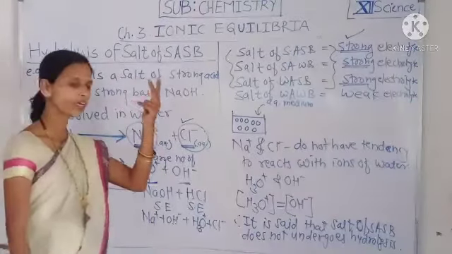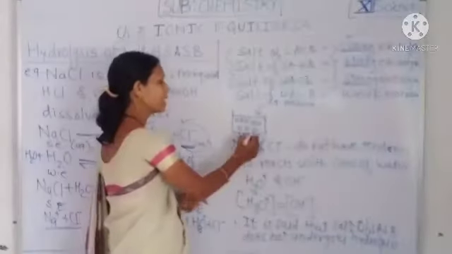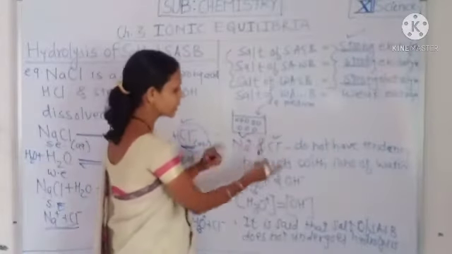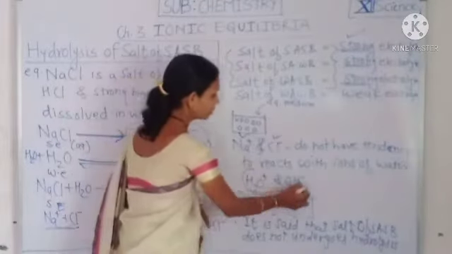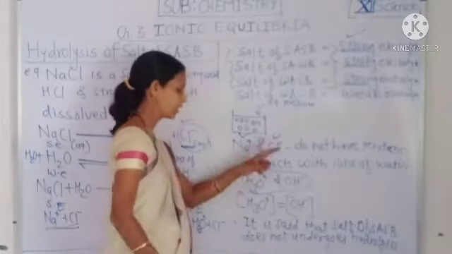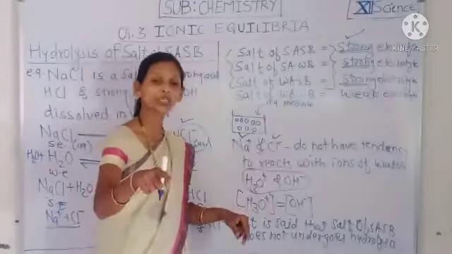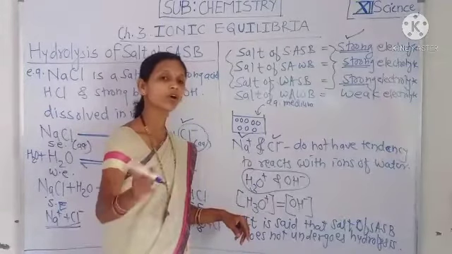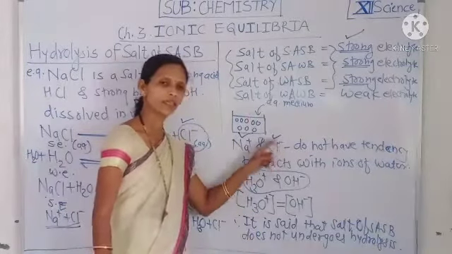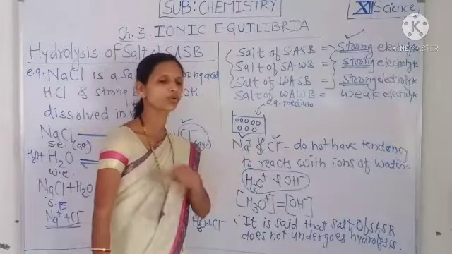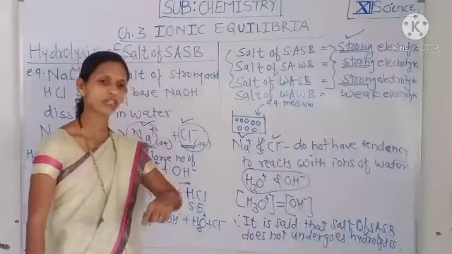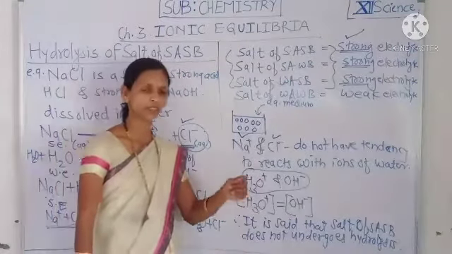According to the definition of hydrolysis, if a cation or anion reacts with the ions of water and gives a solution acidic or basic, then that salt undergoes hydrolysis, or hydrolysis of that type of salt takes place.